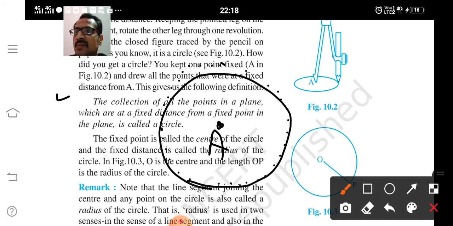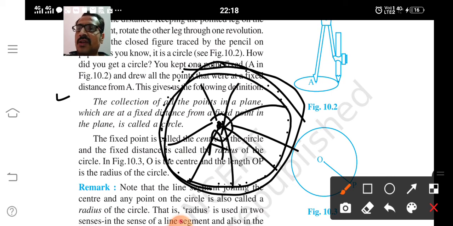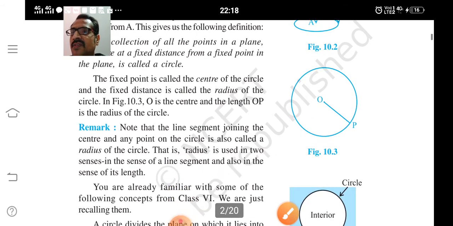Simple. A collection of all the points in a plane which are at a fixed distance from the fixed point is called a circle. The fixed point is called the center of the circle and the fixed distance is called the radius of the circle.